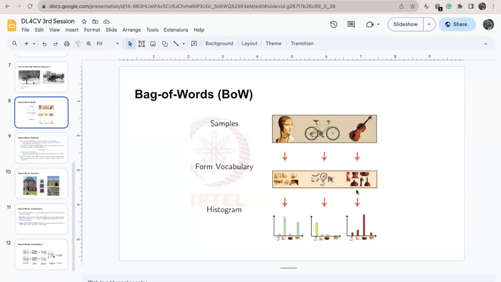Then we plot a histogram of that. Let's say we break down a lot of images into smaller chunks, and we count how many cycle seats we have, how many cheeks, how many eyes, and we plot the histograms accordingly.